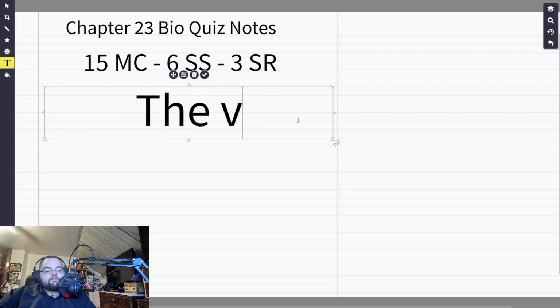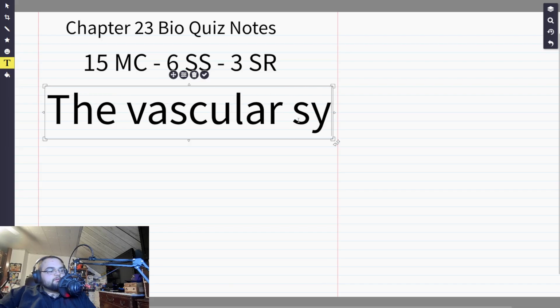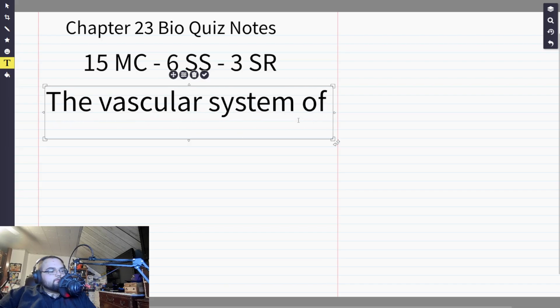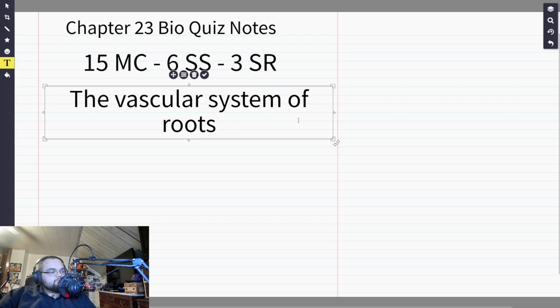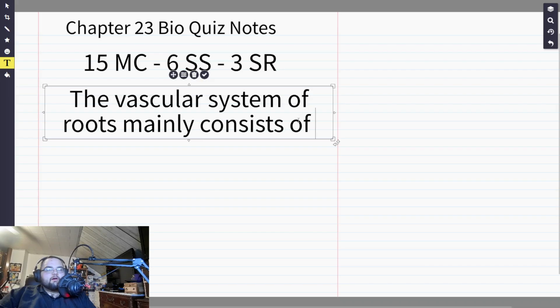The vascular system of roots mainly consists of... Now if you remember when we talked about the vascular plants, the vascular tissue that occurs in plants, there's 2.